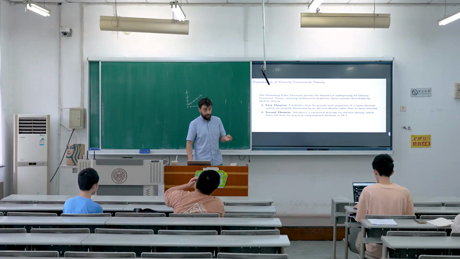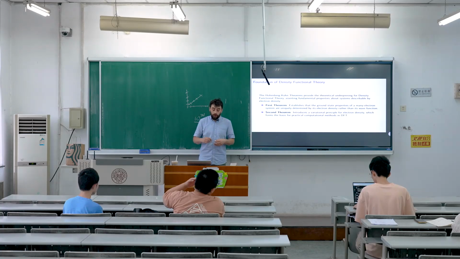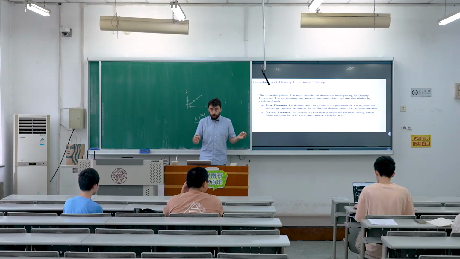basically introduces the variational principle, which means that if we want to find the ground state energy of the system, we have a functional, which is a function which takes a function as an argument, and if we feed that universal functional with a density, a guess for the density, we will get an energy out.